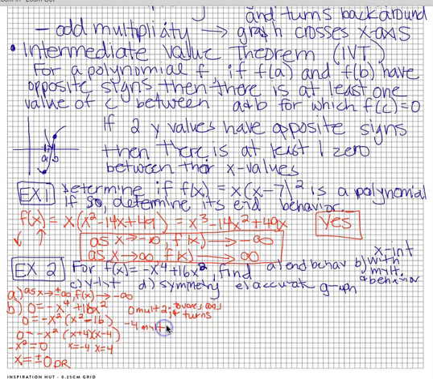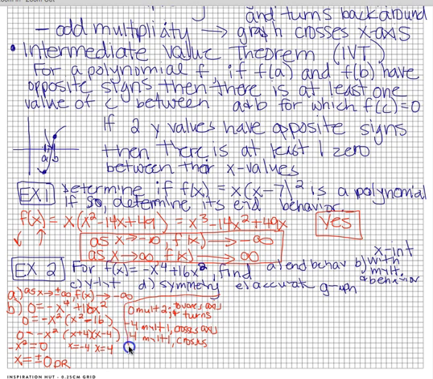I only got that answer one time, which means that it crosses the axis. And then +4 also has multiplicity 1, also crosses the axis.